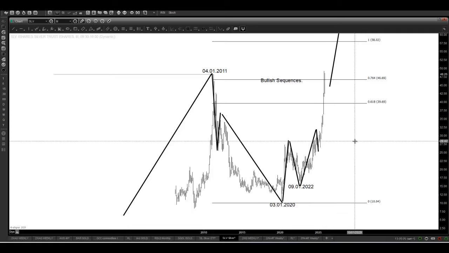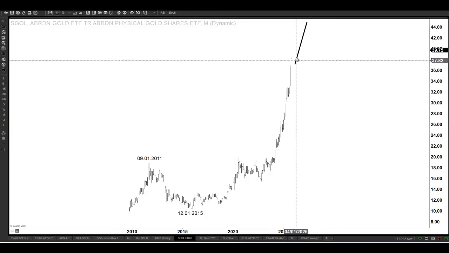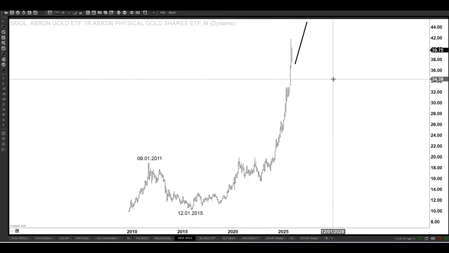On the other hand, right here, the gold ETF already is in the wave 3. Everyone? Everyone do understand this?